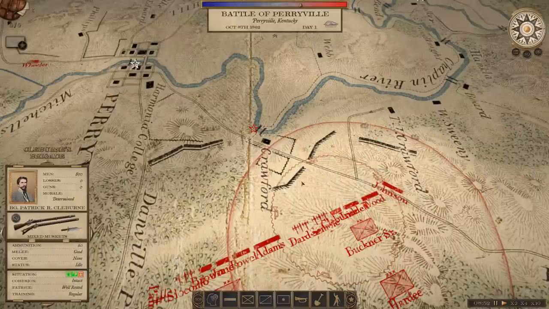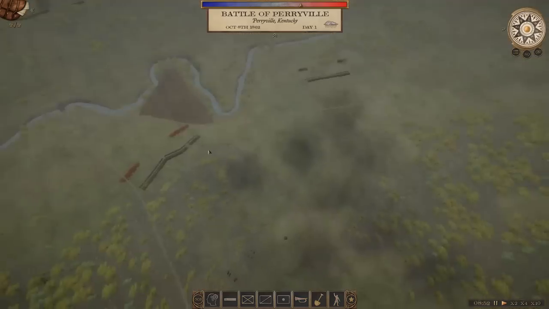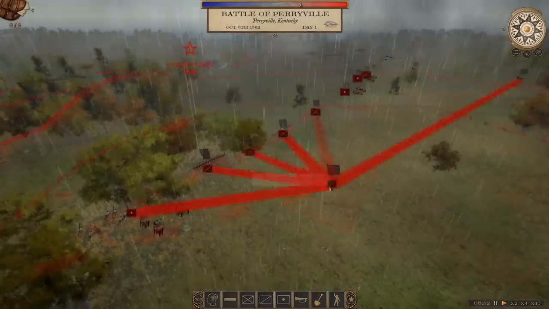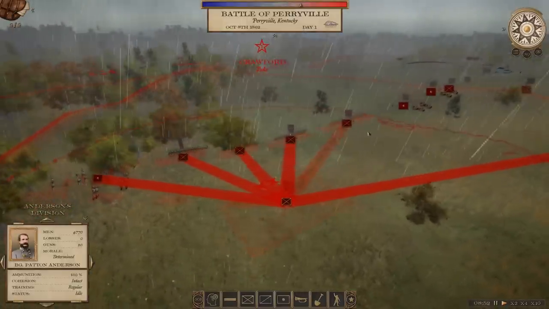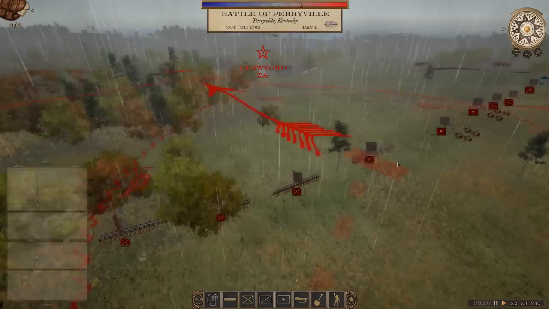Let's put them here in the barricades, and now that they're detached, if I give an order to the rest of the brigade, the order will not be delivered to the detached units.